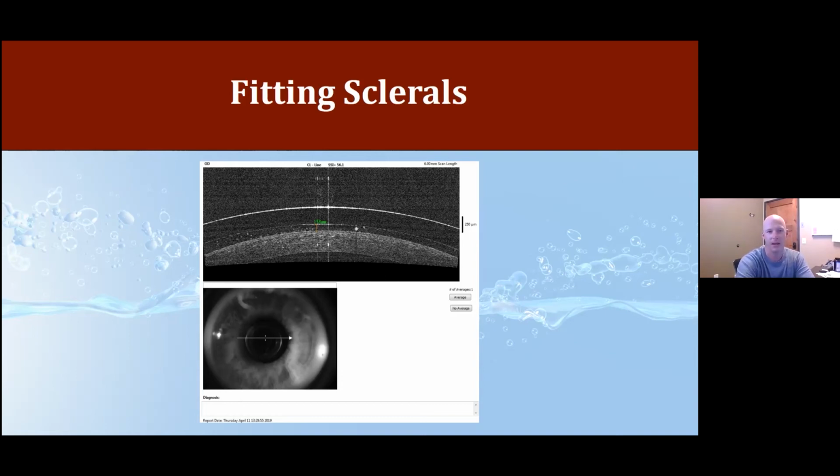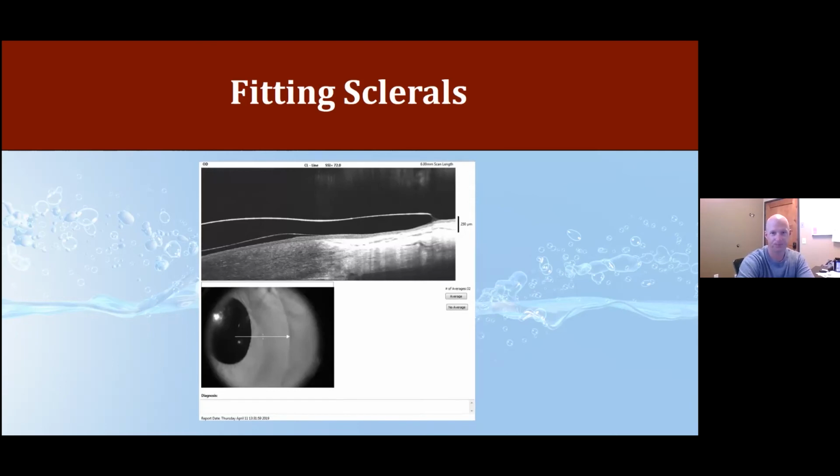In doing that, we're not rubbing on the cornea, we're not creating scarring long-term, but we're getting the patient better vision. This is a slightly different view using the same OCT instrument, showing where the lens lands on the sclera, or the white part of the eye. Here you can see this transition line between the sclera and where the cornea actually starts.